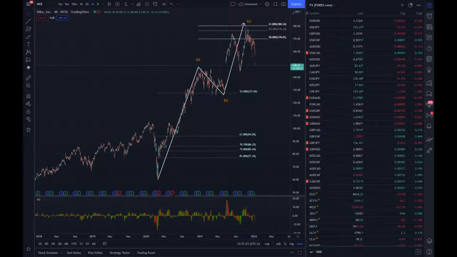But right off the bat, I'm just going to show a pretty ideal version of, or I guess I should say, maybe not ideal, it's a simple version of a resistance point that turns into support.